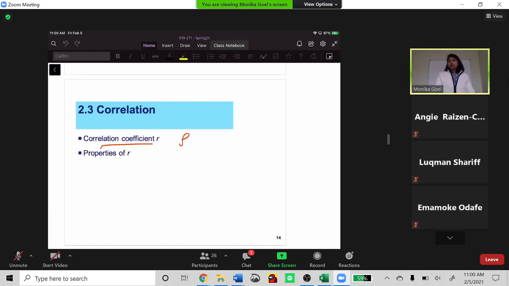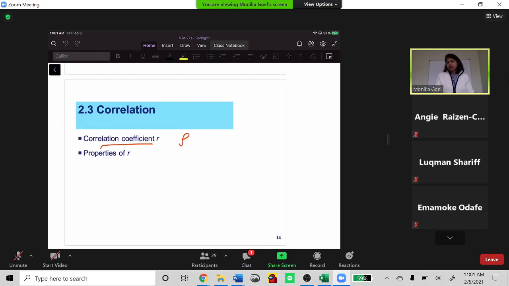So last time we talked about correlation. We were working on chapter 2. So we started with the correlation, and we also talked about what is correlation. Before looking for the correlation, what are the things we need to keep in our mind? So when we are looking at the relationship between two numerical variables, we are using scatter plot.